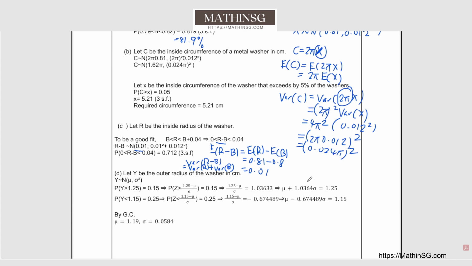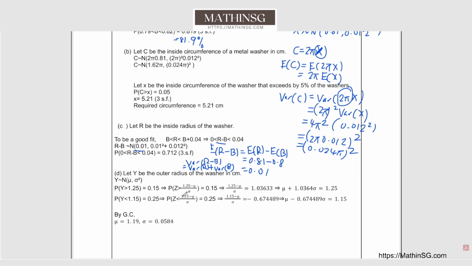So you'll form one equation here. Similarly, we have probability of y less than 1.15 is 0.25. So we need to standardize this, change it to z using the formula, which is basically 1.15 minus mean over sigma. Okay, and then because we are given probability, we want to find this value here, so we'll do an inverse norm.